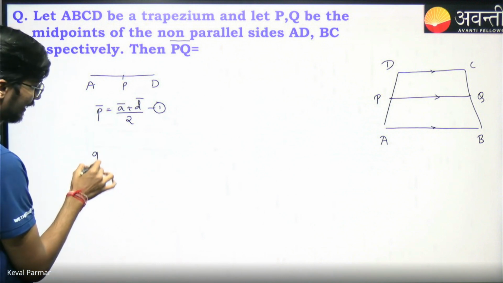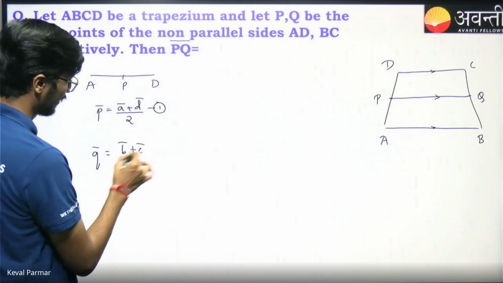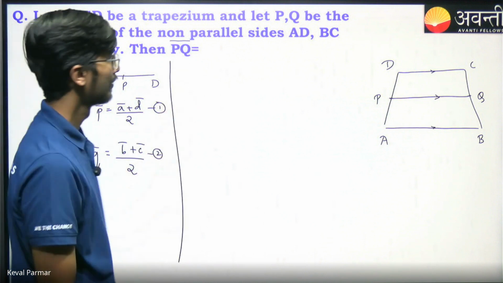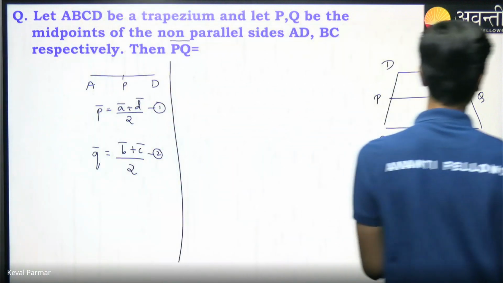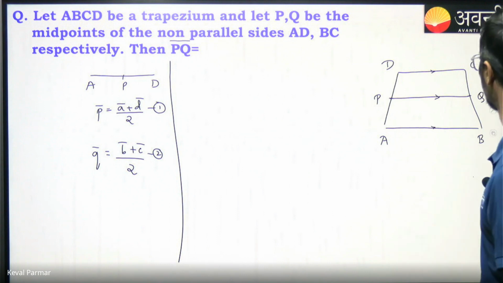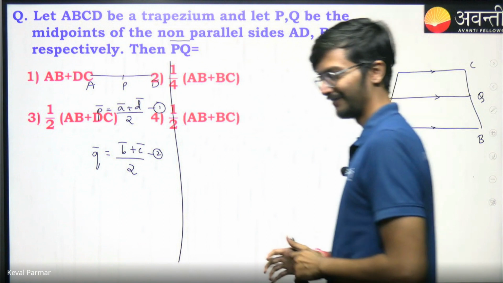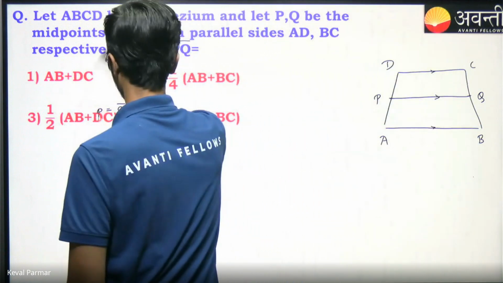I can write Q bar as B bar plus C bar upon 2. This is equation number 2. It's a relatively very simple question. I have to write PQ bar. I think we have options also. Let us see the options. Let me rub it out so we can see the options clearly.